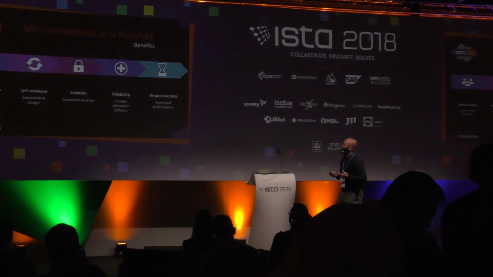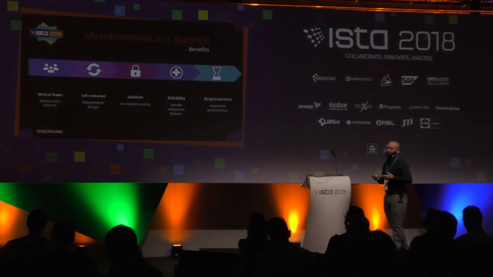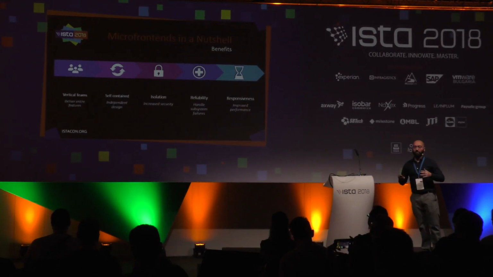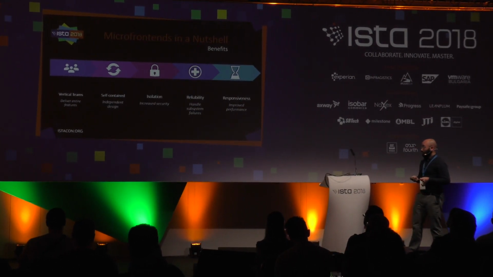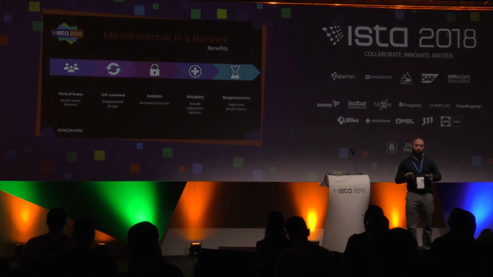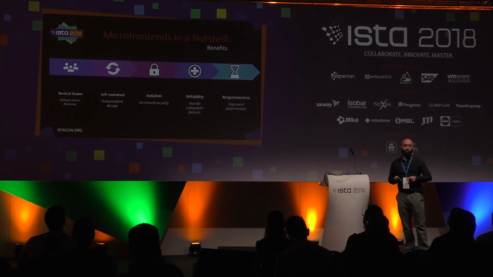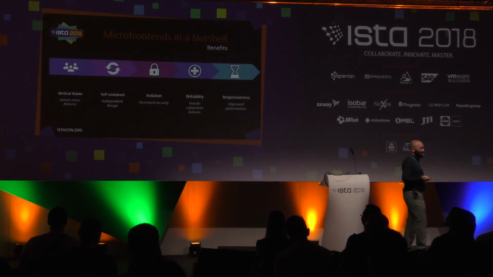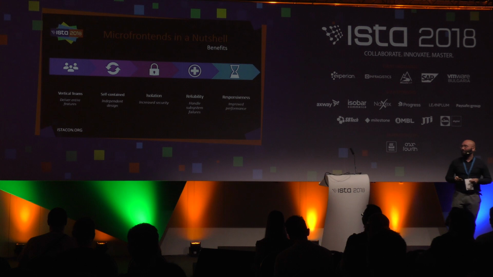What do you gain from having such a probably complicated architecture, because it requires a lot of different things? Well, for a start, and some people would not agree with me, and I'm okay with that, although they're wrong. Vertical teams are arguably a better way to get the job done.